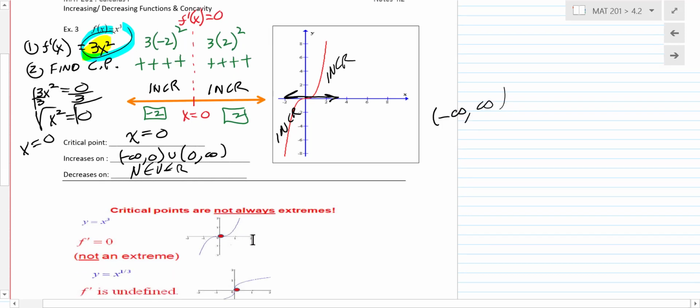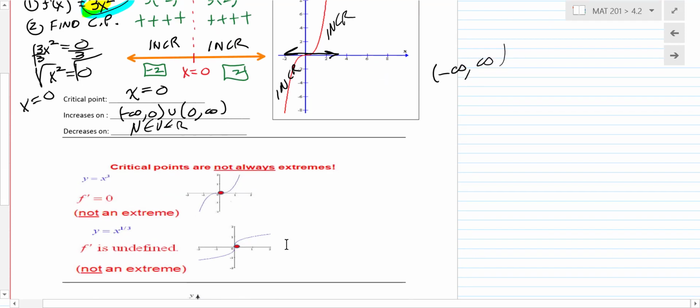Now this thing that I'm saying down here is just a point that I'm making: when you get a critical point, sometimes students think that's a minimum or a maximum, and that's not always the case. If you look at the problem we just did, that critical point right there is not a max or min, is it? If you have a local minimum, it means the graph has to decrease, then change directions and increase.